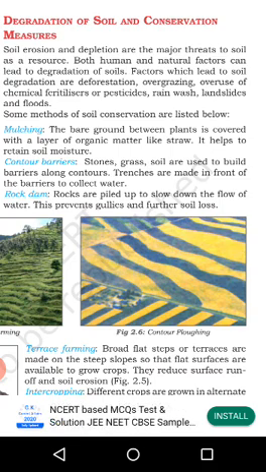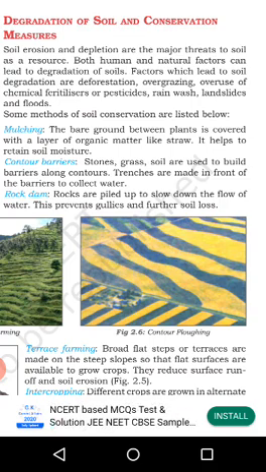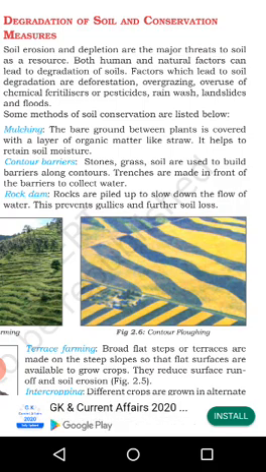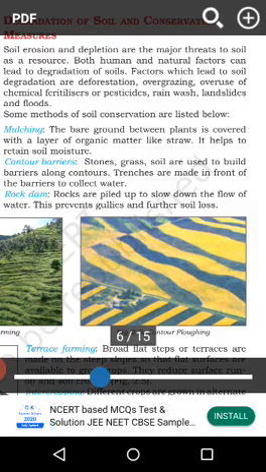Then what type of barriers? Stones, grass, soil are used to make barriers along these contours, and trenches are made in front of the barriers to collect water.